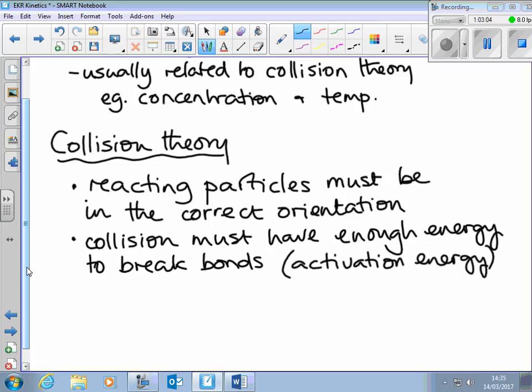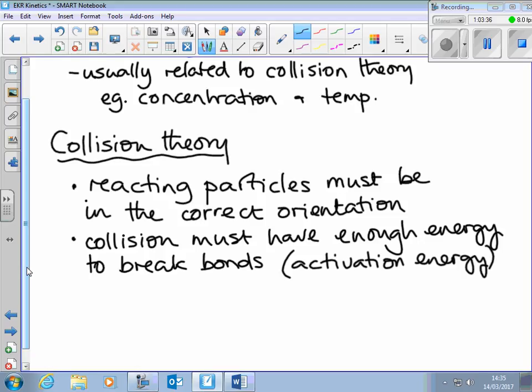Now, in order to explain this, I think the last slide of this bit from Jim Clark has got this. It details a bit about the orientation with that example of the ethene and something like hydrogen bromide. It takes you through activation energy and draws the little graph that I drew in relation to the enzymes yesterday.